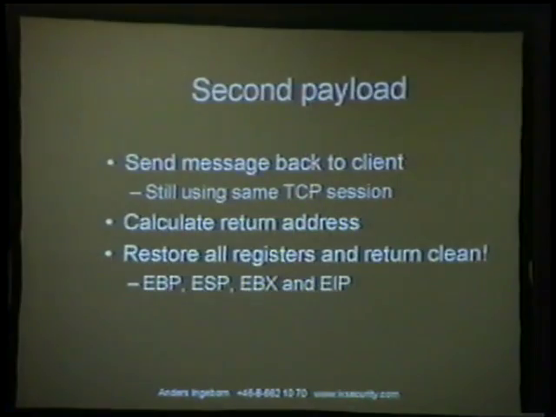Restores all the values of the necessary internal registers, and performs a clean return, just as proof of concept. And then the server works just like usual. You can connect to it again with netcat and send real commands.